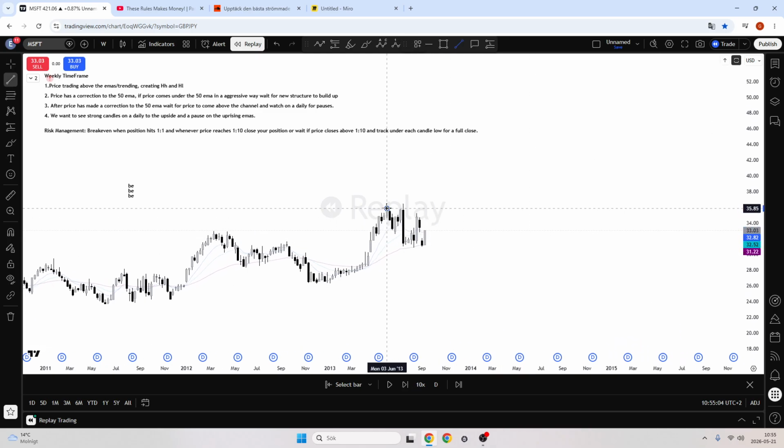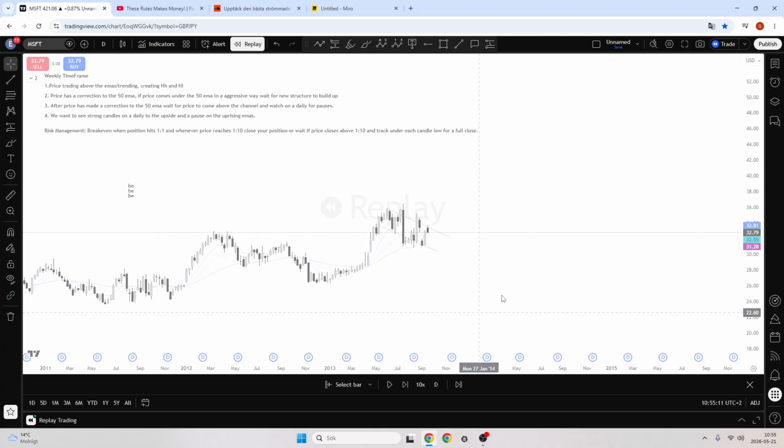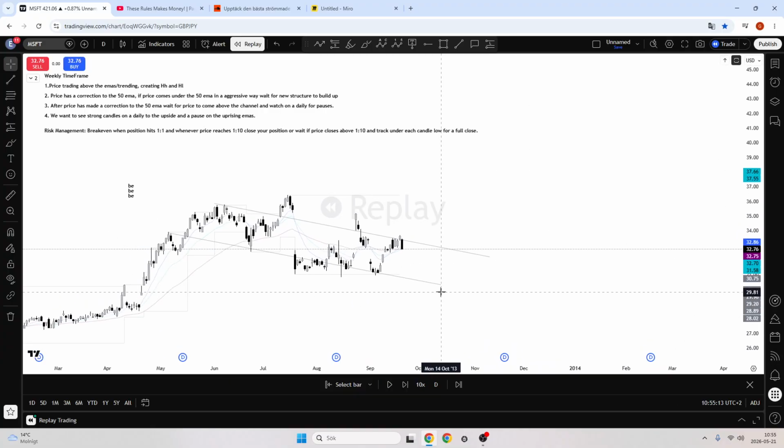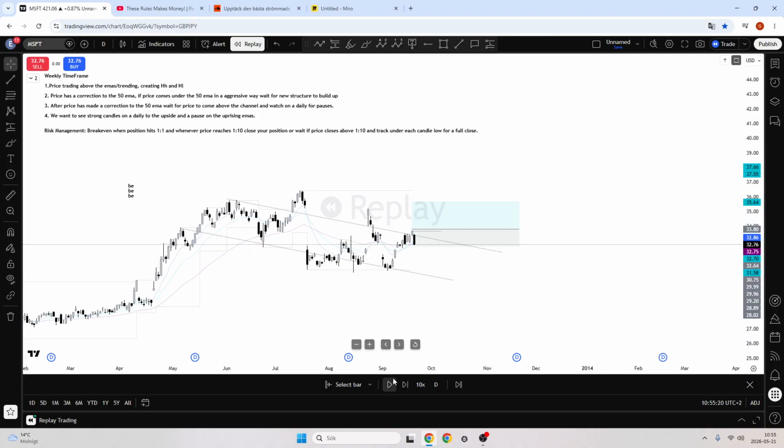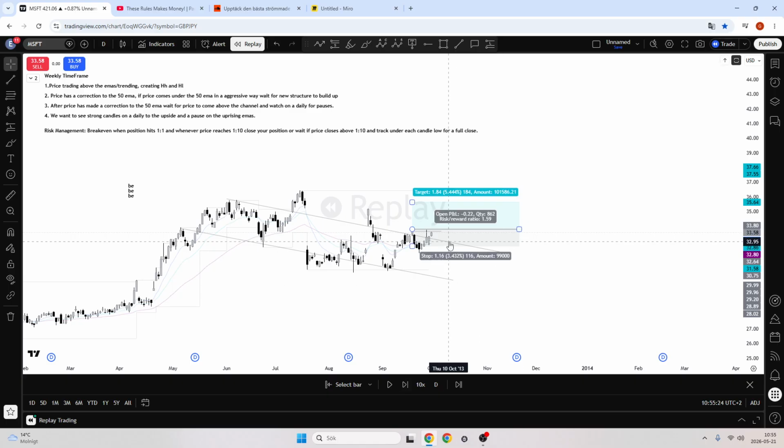So we kind of have this channel right here. So if we can get above this, I would start to look on a daily here. So kind of have this buy stop right here. So I'll simply throw a buy stop right here, at this point right here. Still have my stop loss at the same level. I think this is good.